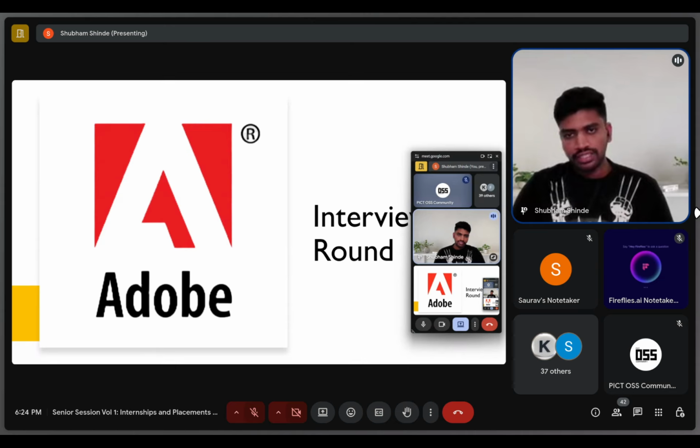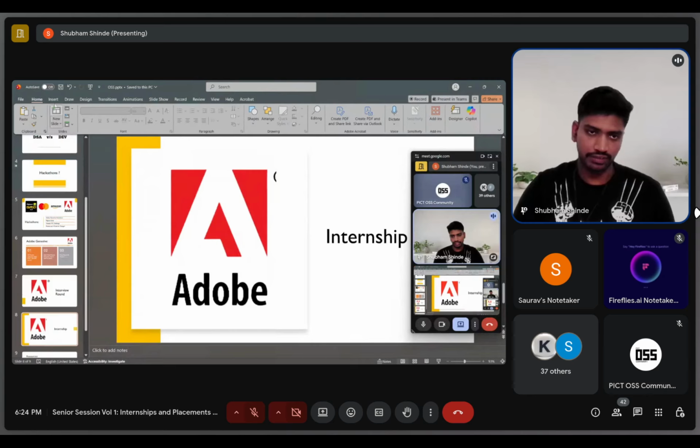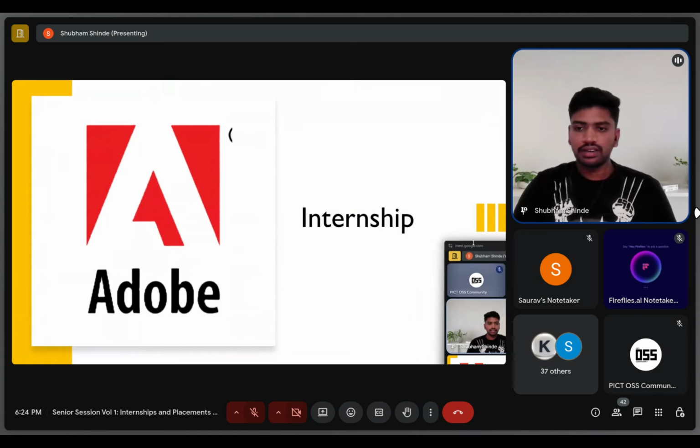After the interview, around 10 to 15 people got offers from Adobe for the internship. The internship is at the Noida office.